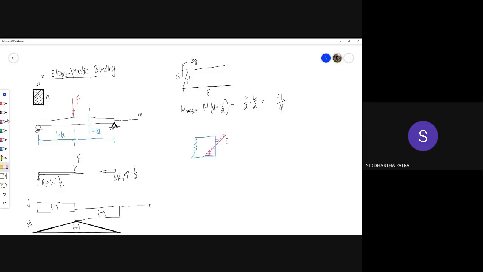And this, by the way, the point where it intersects with the y-axis, or where the value is 0, is called a neutral axis. If I take the locus of those points across the different cross sections, that axis would be called neutral axis.